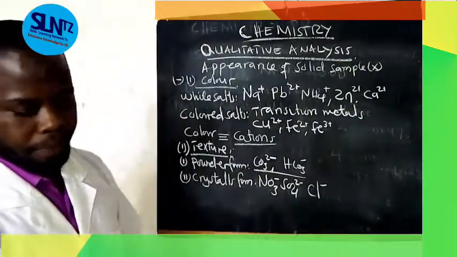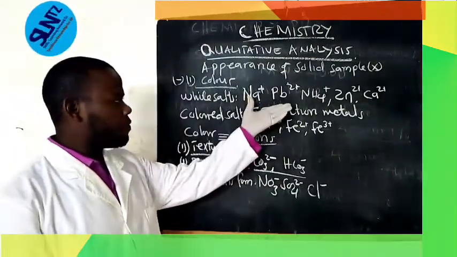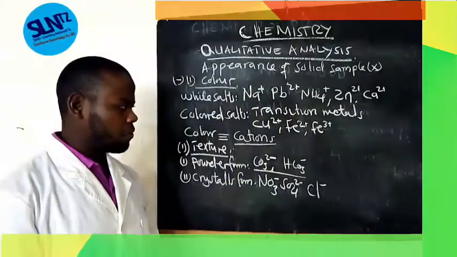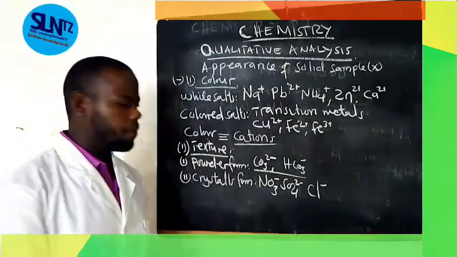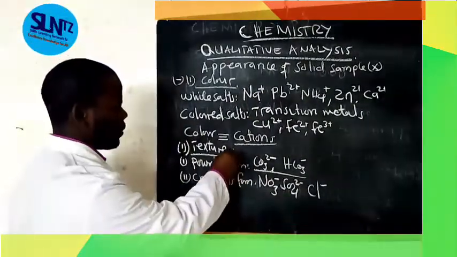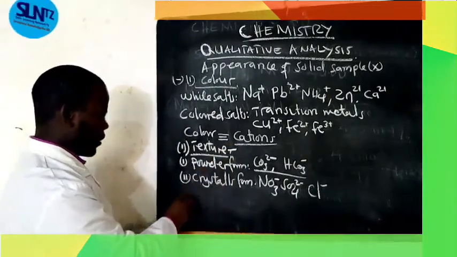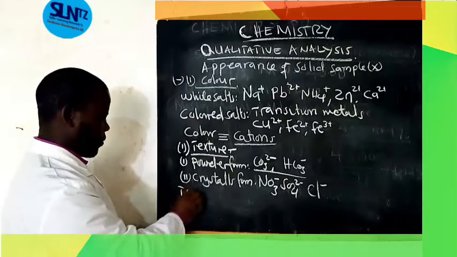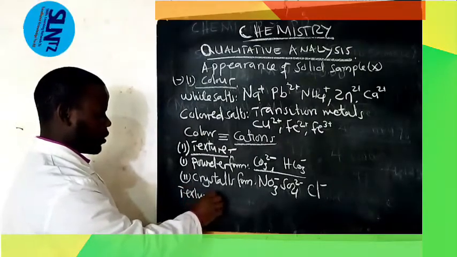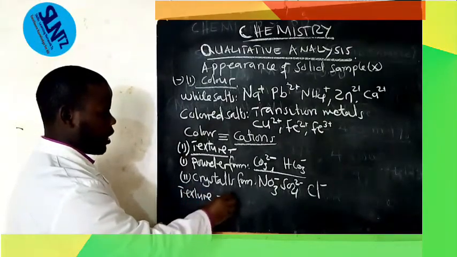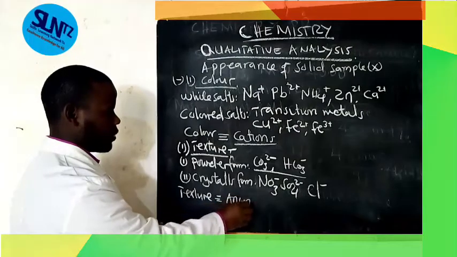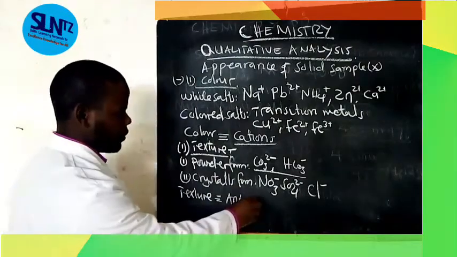Do you see? Here we have got the positive, but here there is negative. So what we have noted, the texture represents the anions.